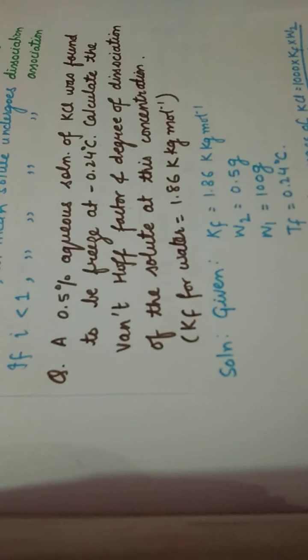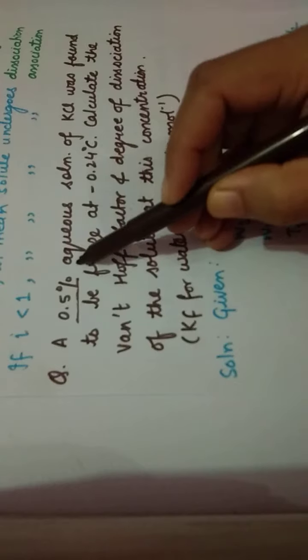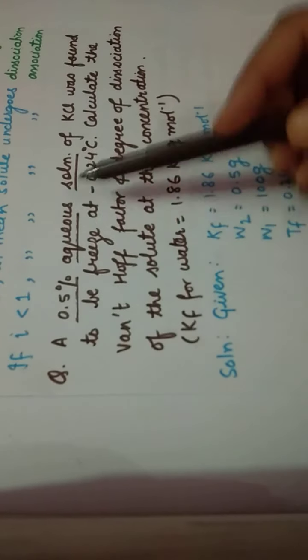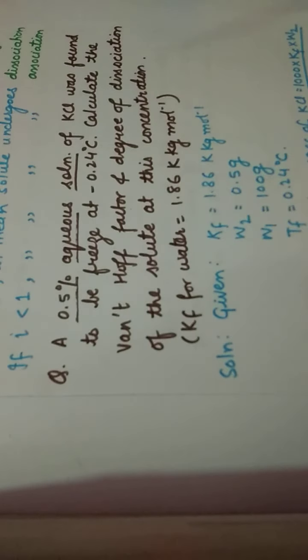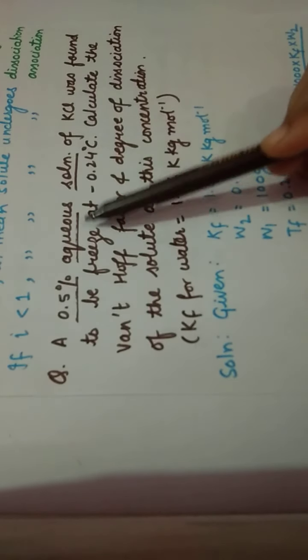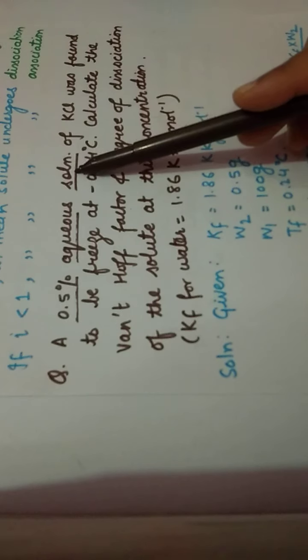Now, we'll be solving one numerical. A 0.5% aqueous solution of KCl was found to freeze at minus 0.24 degrees Celsius. Now children, it is a 0.5% aqueous solution. Aqueous means dissolved in water. 0.5% means 0.5 gram, the remaining will be water.